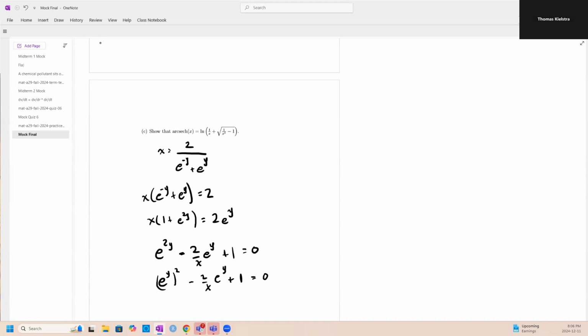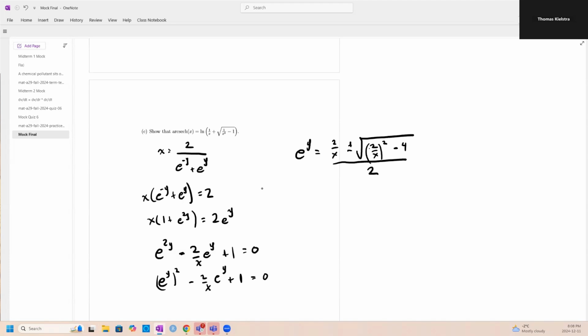Now, using the quadratic formula, e to the y equals 2 over x plus or minus the square root of 2 over x squared minus 4, all over 2. A is 1, so all over 2.